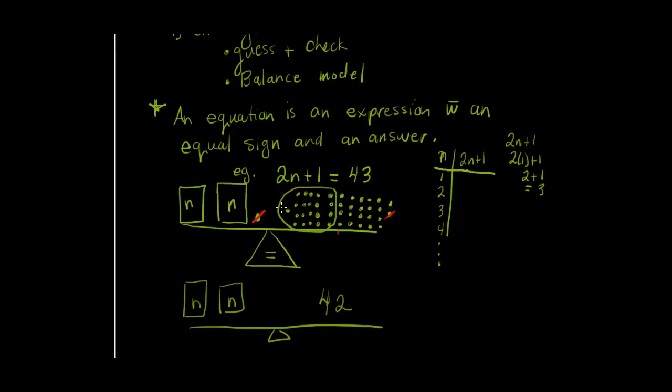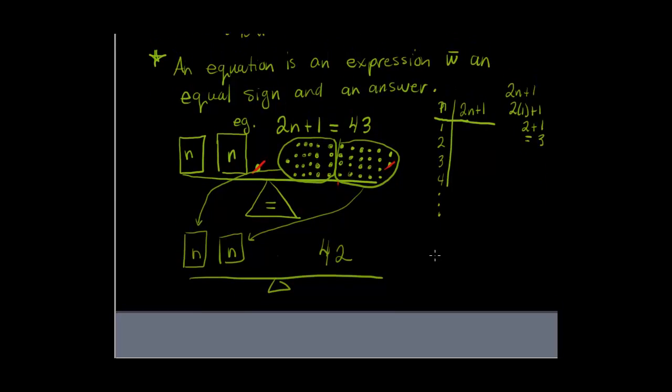So now I can see that, remember that this one is gone, I need 21 in each group.